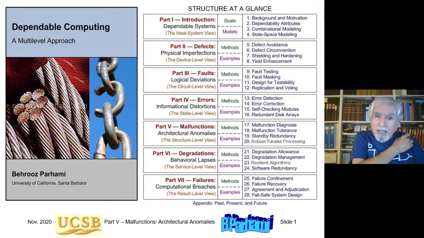Okay, so part 5 of the textbook consists of chapters 17 through 20. And according to the usual pattern, I'll cover chapter 17 and 19 in this lecture, and chapters 18 and 20 in lecture number 12.